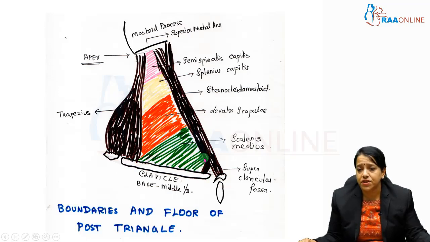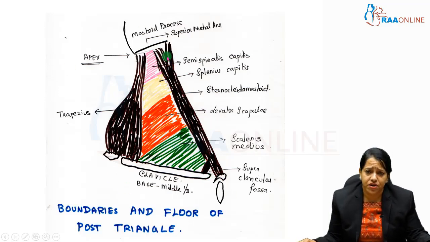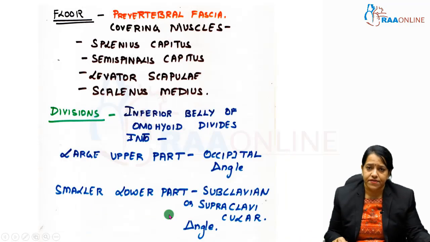And you can see over here the clavicular head of the sternocleidomastoid, and that is the sternal head of the sternocleidomastoid. So that's why the name of the muscle is like that. These are the main boundaries of the posterior triangle. We will be talking about the floor, its constituent muscles, and also the roof next.